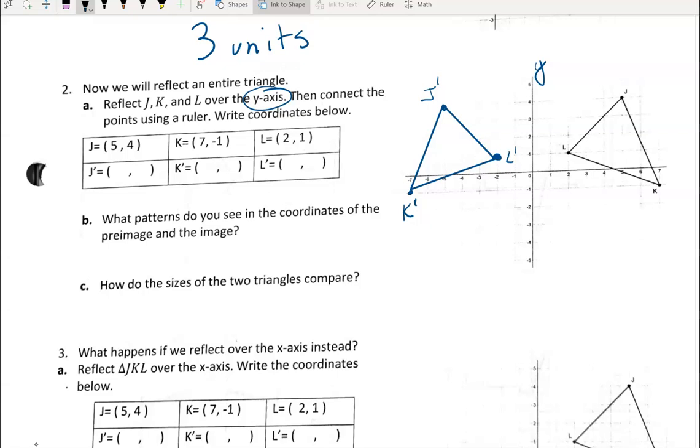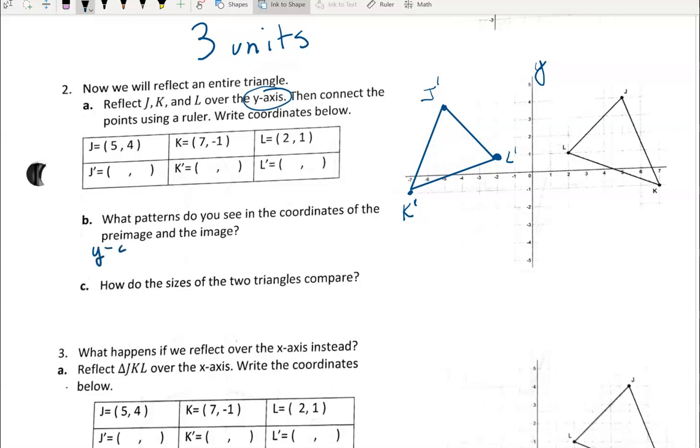Again, anytime you want to try and answer these, feel free to pause the video. So what we notice here is that all of these points are up or down the same amount from the x-axis. For instance, L is 1 unit above the x-axis, and L prime is also 1 unit. So we see that all of the y coordinates stay the same.